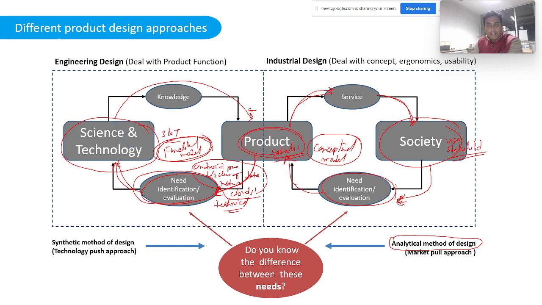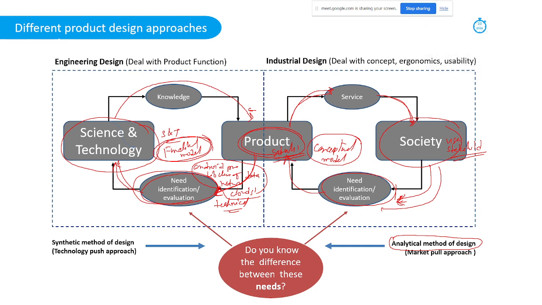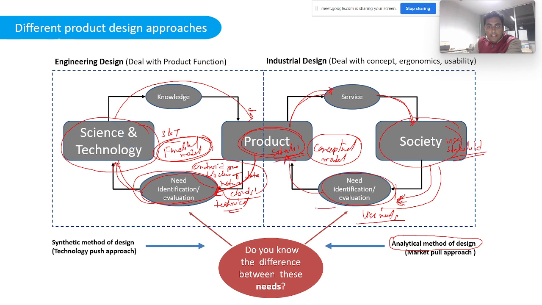Now, there are two ways a particular product can reach the society. One way is you identify a problem from the society, then identify first the set of user needs, and then you move to your technical requirement.